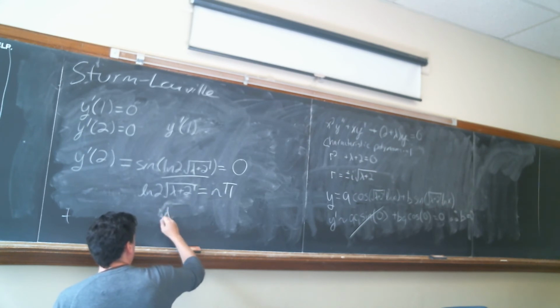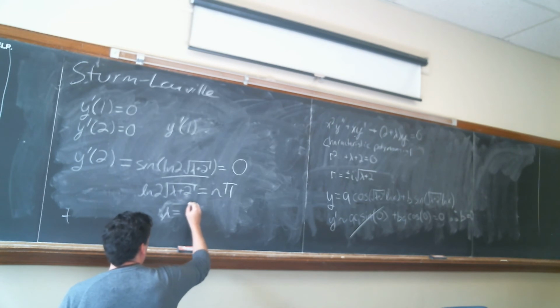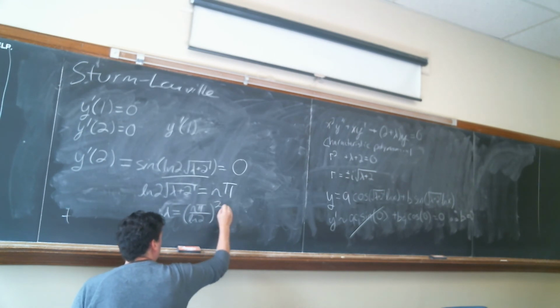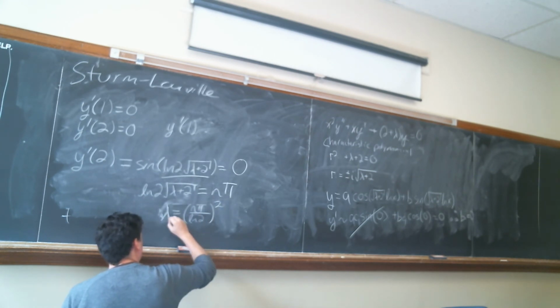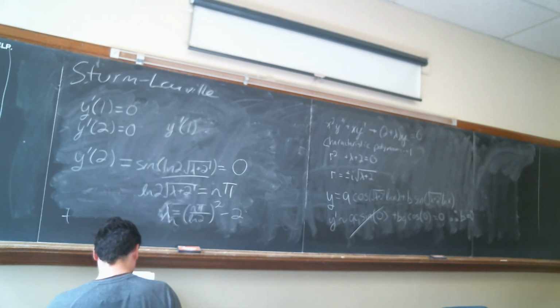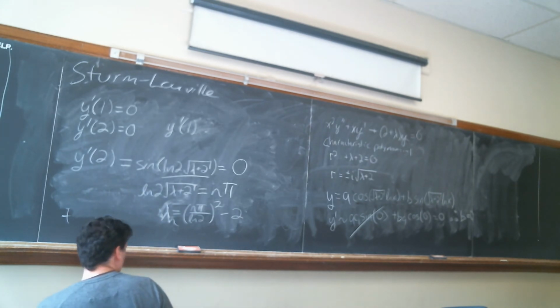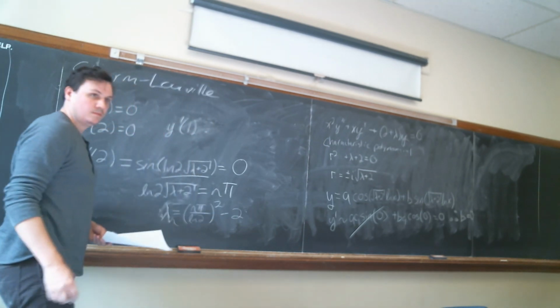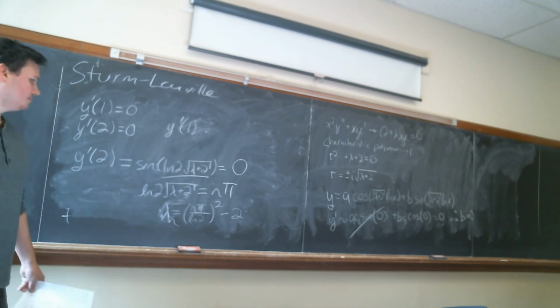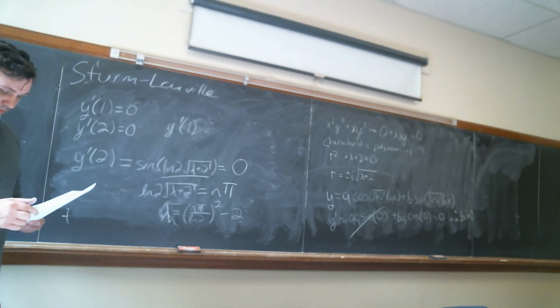So what is it? Lambda equals -2. And then you just put that back in for your lambda there. And that's more or less the whole problem.